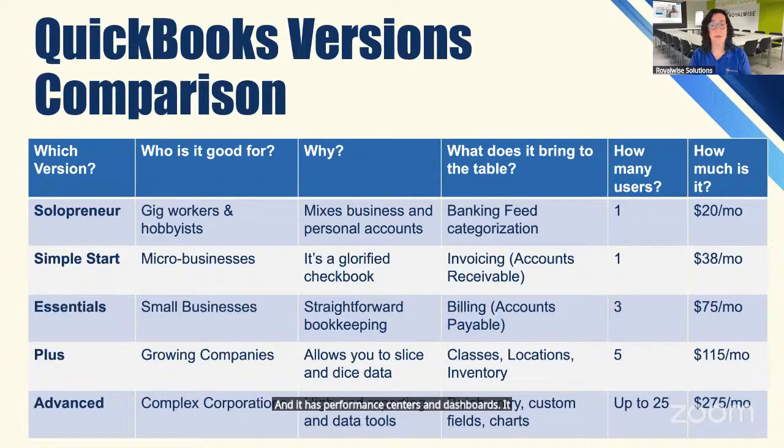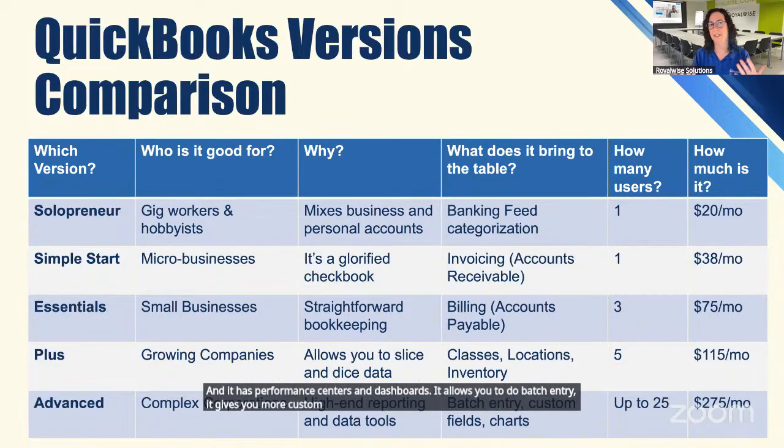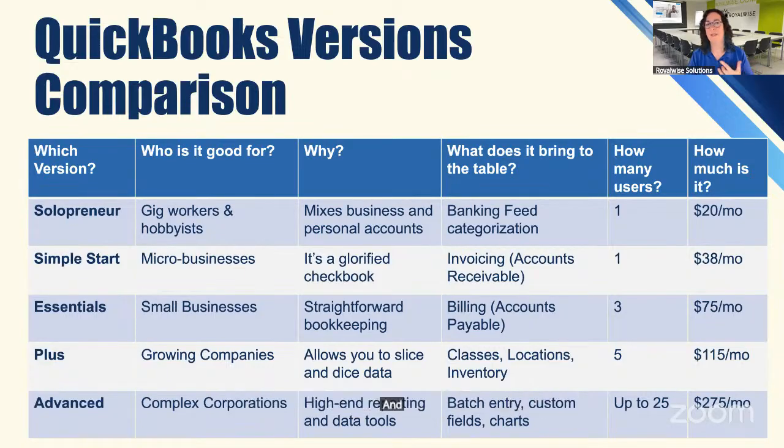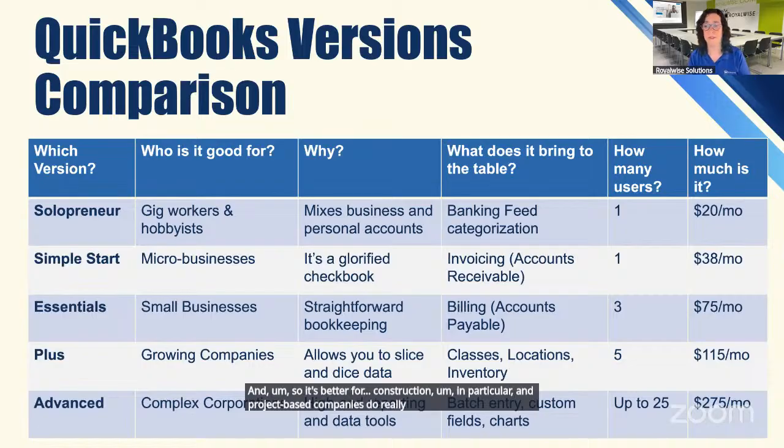It allows you to do batch entry. It gives you more custom fields. It adds in charts to your reports, and up to 25 employees, all working at the same time. And so it's better for construction in particular, and project-based companies do really well with Advanced.